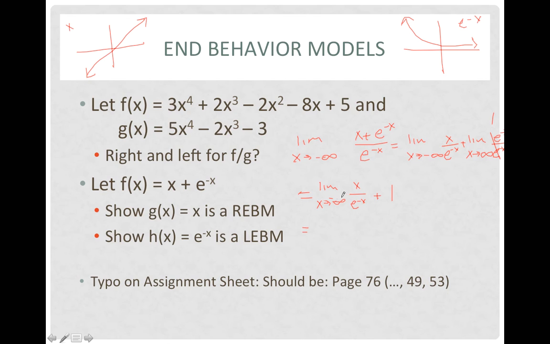We're basically asking what happens as x goes to negative infinity. Okay, in this case, it goes to negative infinity. Well, that's kind of weird. But in this case, it goes to positive infinity. Well, now what? Well, that doesn't make sense.